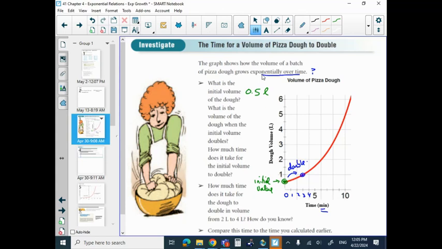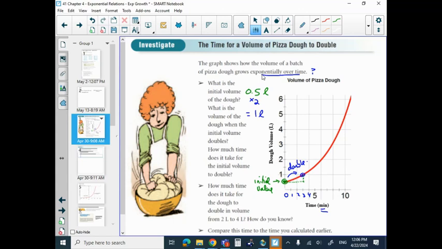And you can see that that's after 3 minutes, right? So you can see over here at 3 minutes for that double volume. The double volume is pretty obvious here: 0.5 times 2 gives the 1 liter. I suppose you could do that mathematically or on the graph, and they should agree with one another.